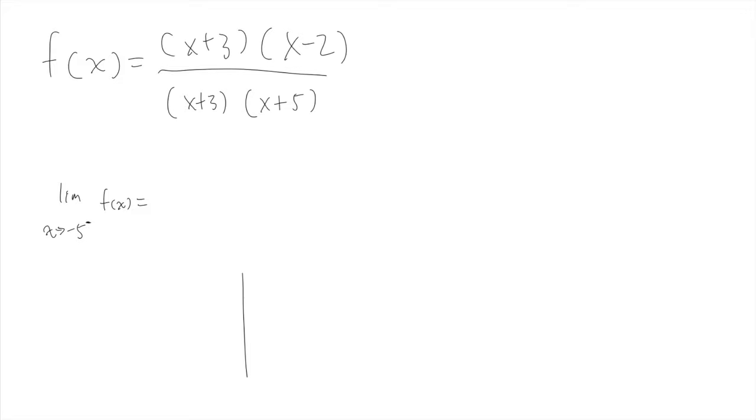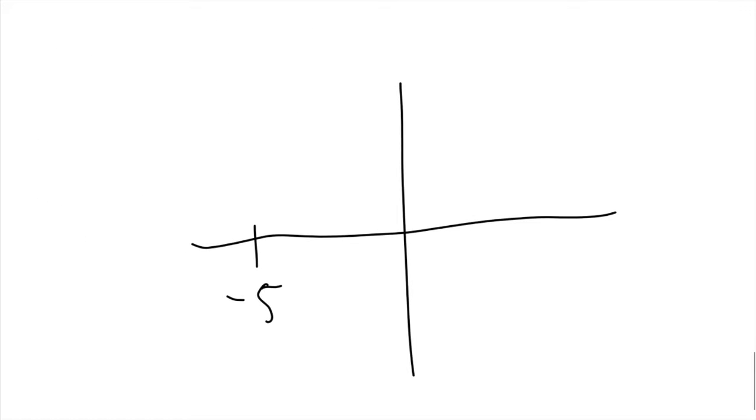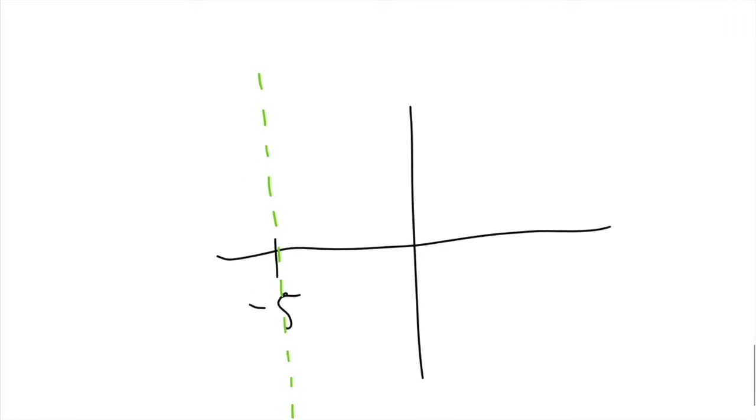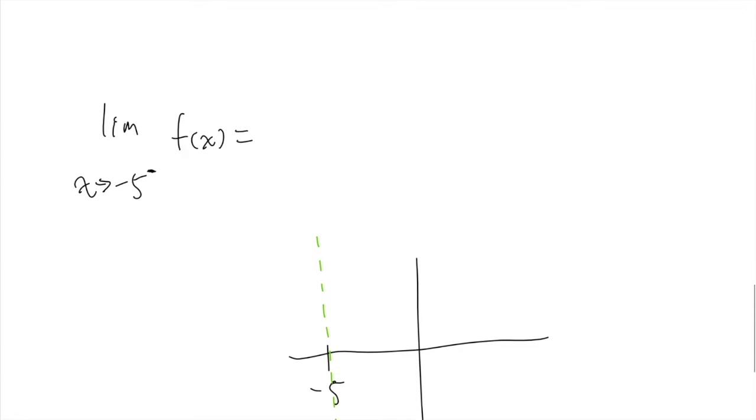So let's first think about this logically. If we were to have a graph right here, and then at negative 5, we had a vertical asymptote. If we were to plug in a value so close to negative 5 from the left of the vertical asymptote, if we get a positive answer, then it's obviously going to be going infinitely upwards.